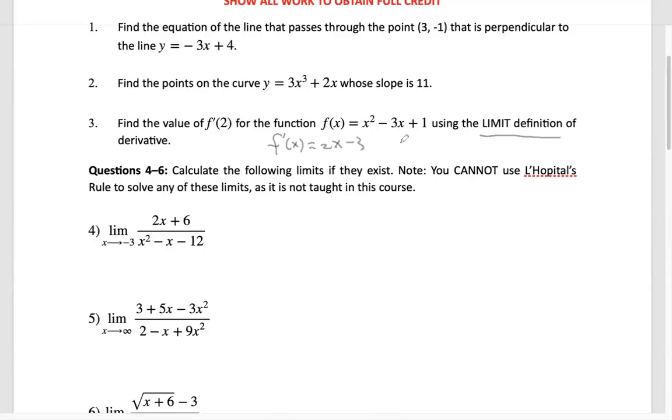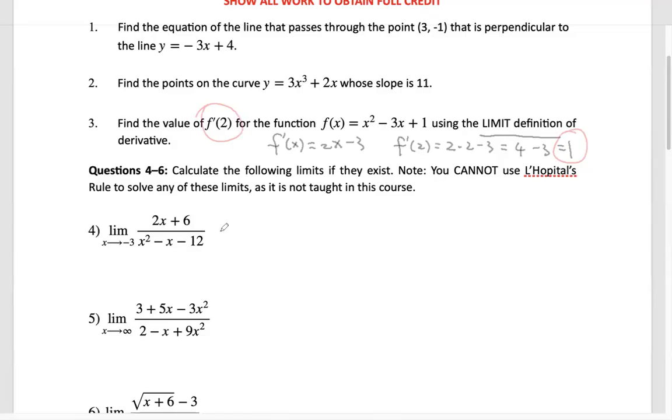So now with this, we can plug in f prime of 2. So 2 times 2 minus 3. 2 times 2 is 4, minus 3 equals 1. So the final answer is 1, right? Because we need to find f prime of 2.